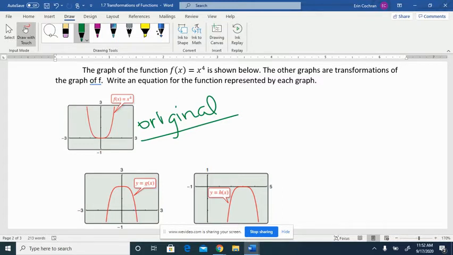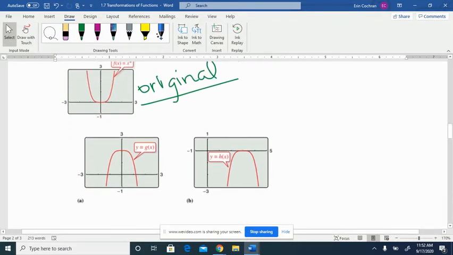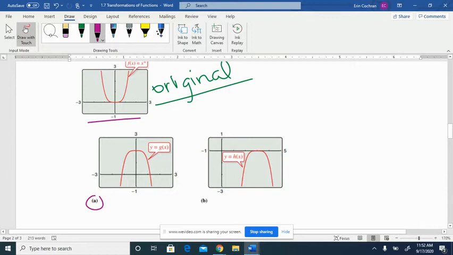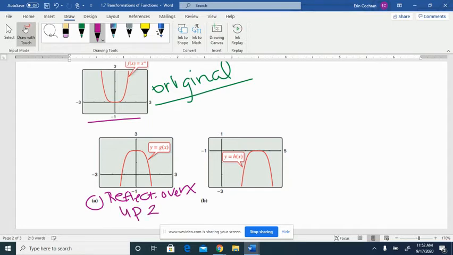Okay. So if you look at this, the only difference between the original and part A is that now it's opening downwards. So it's a reflection over x, and it also shifted up 2 units.